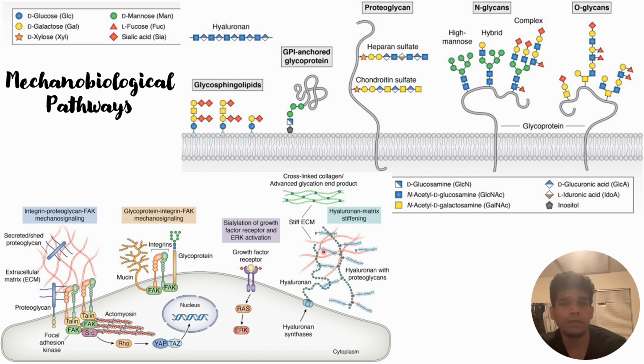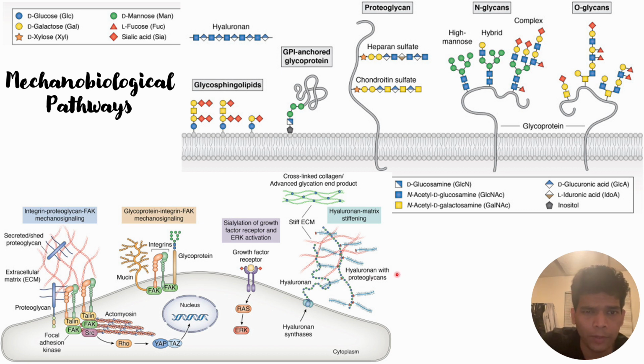It cross-links with the extracellular matrix, and especially sometimes with hyaluronan, which is the free glycan, and that results in an increase in the stiffness of the extracellular matrix around the tumors, and sometimes creates additional interstitial stress across the tumor, and acts as a mechanical barrier that helps the tumors evade immune surveillance.